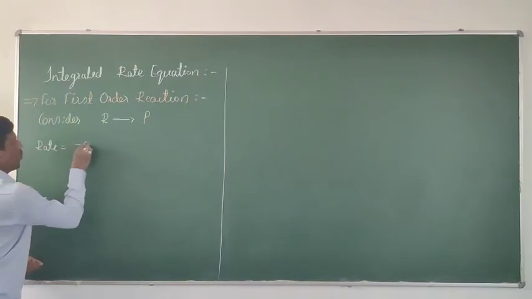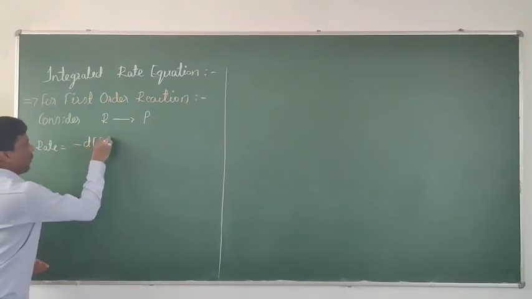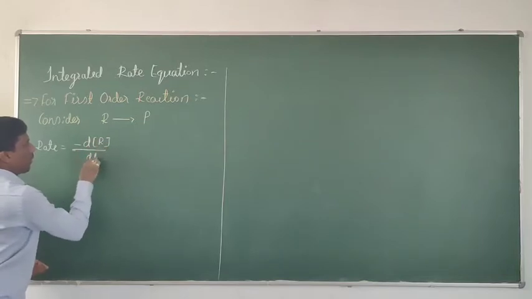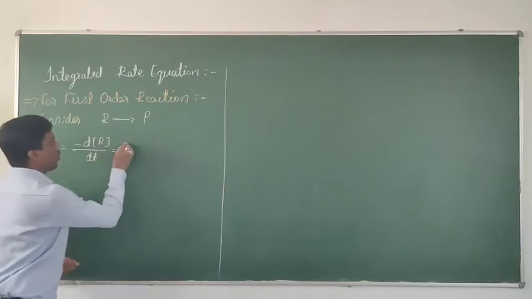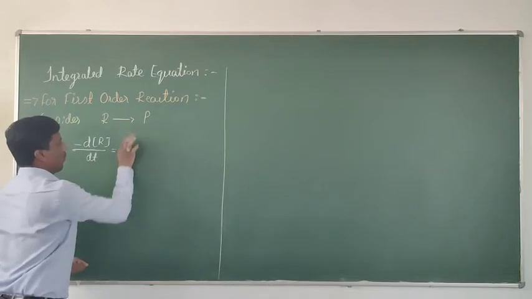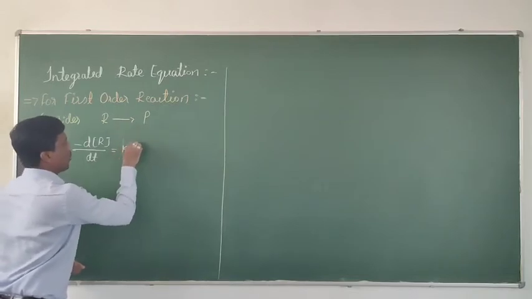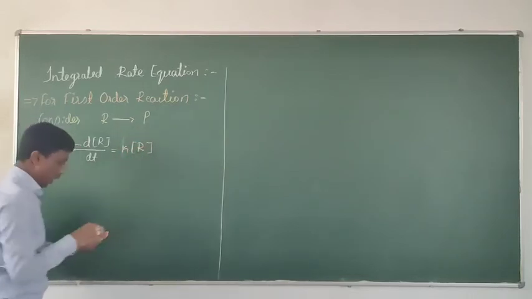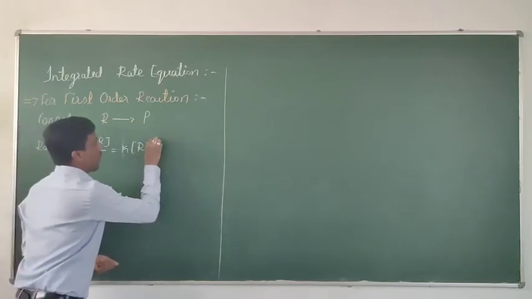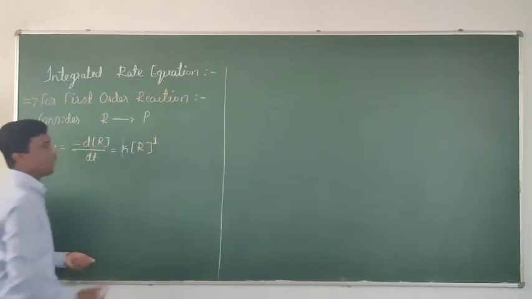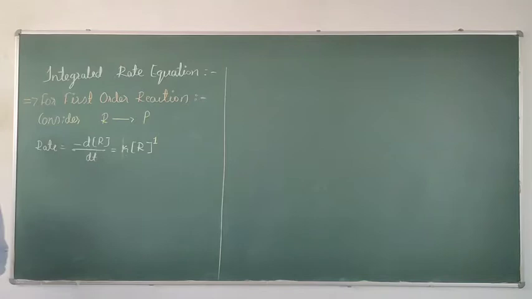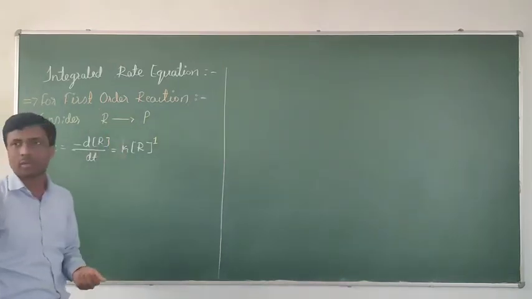Then the rate is represented by rate is equal to minus dR divided by dt is equal to k into concentration of R raised to the power 1. Why is the power 1? Because we have taken a first order reaction.